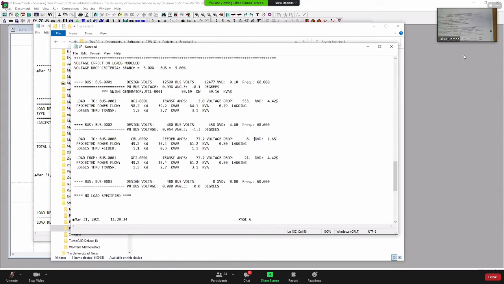Percent voltage drop 1.65. So 8 is the amount of volts. So that may be okay on a 460. And then the percent is 1.65. So it looks fine. It looks fine.